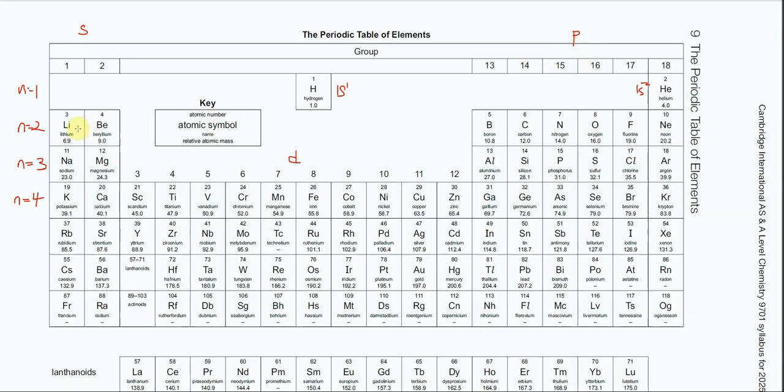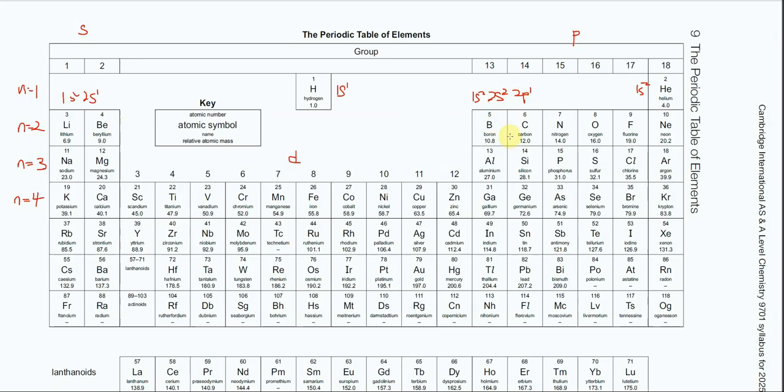So lithium, which is after helium, is 1s2 2s1. Beryllium is 1s2 2s2. Boron is 1s2 2s2 2p1. So it's the first element in the p block.